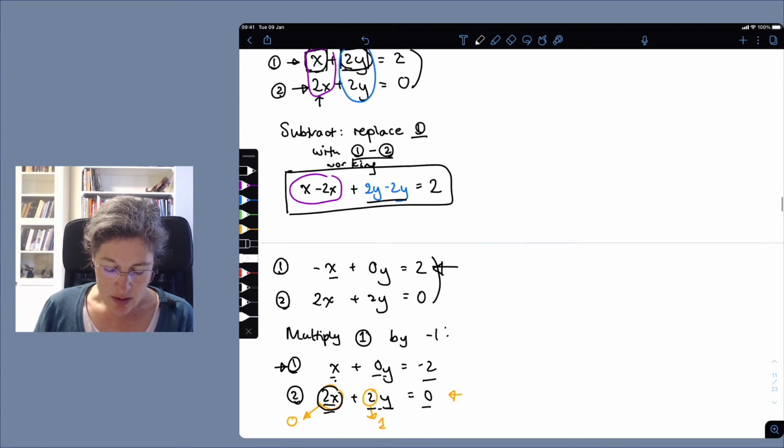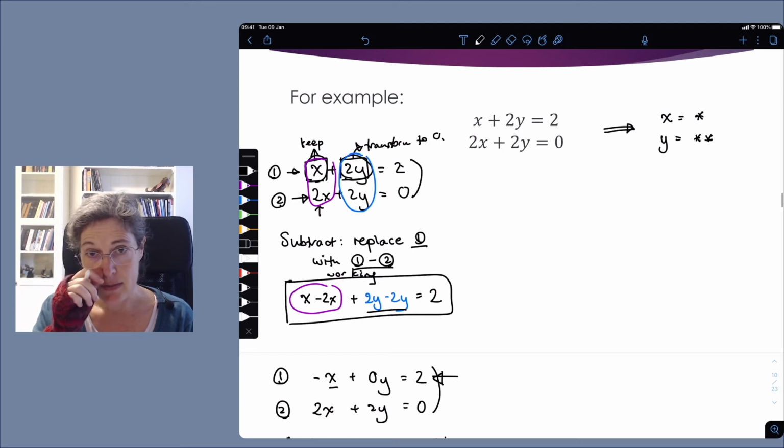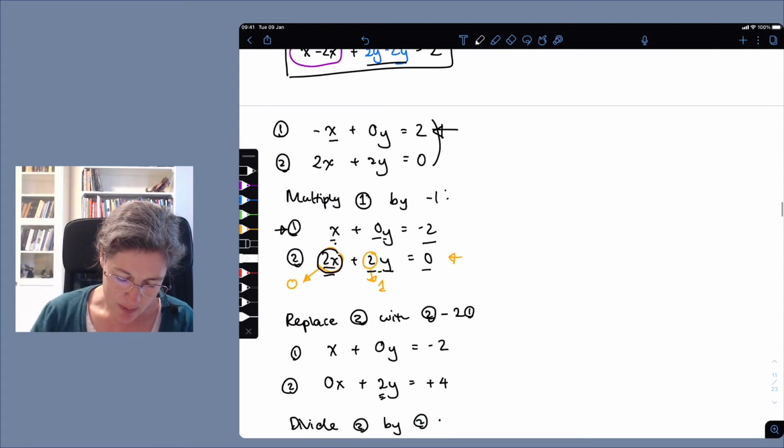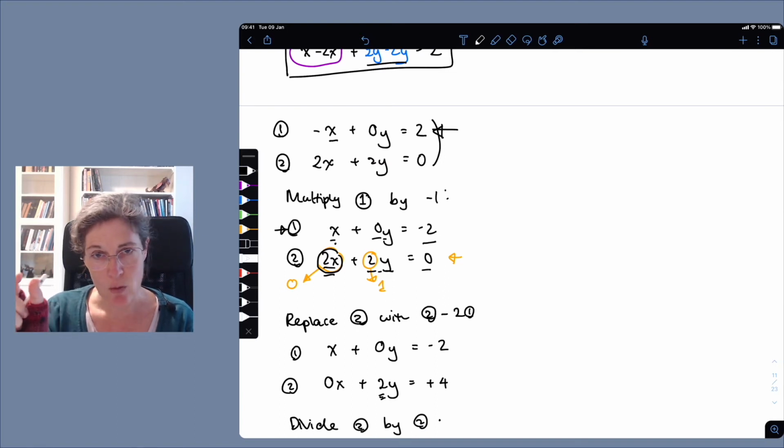Now, this certainly works, but it gets a little cumbersome, writing out equations again and again and again. And you'll notice that the way that I've written this out, I haven't been changing where my x's and y's are.